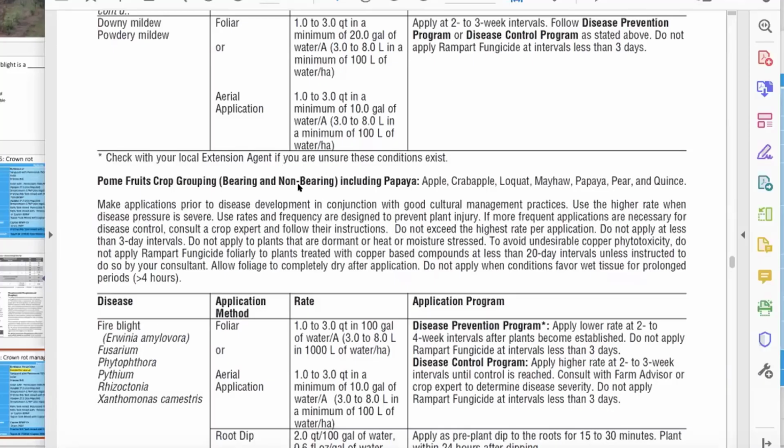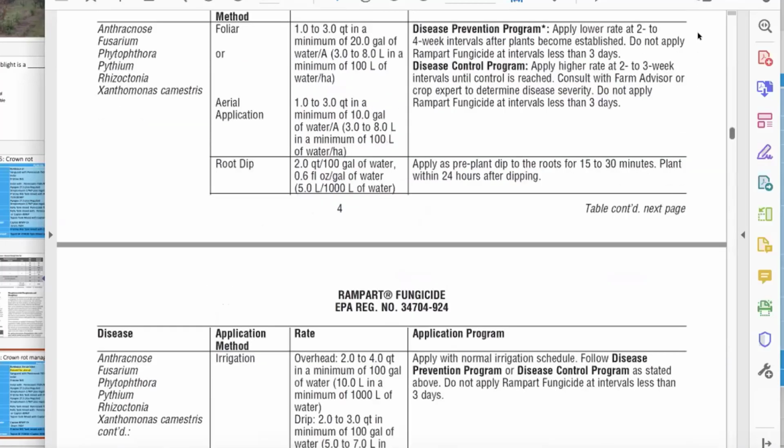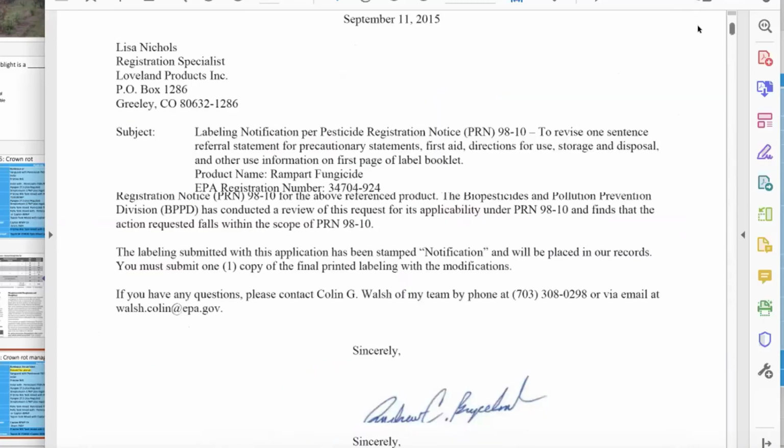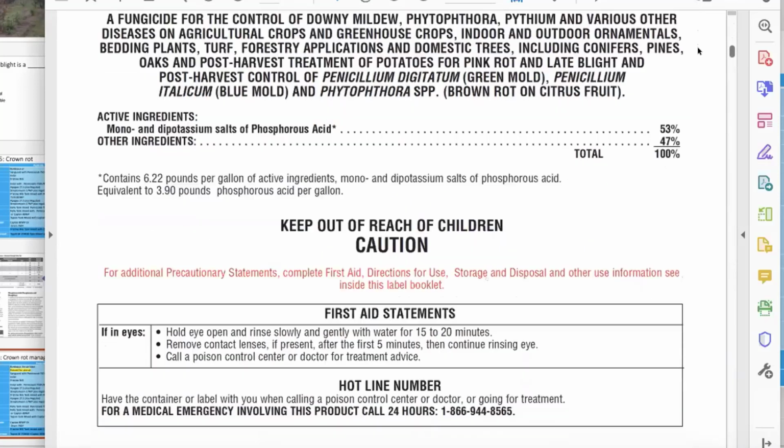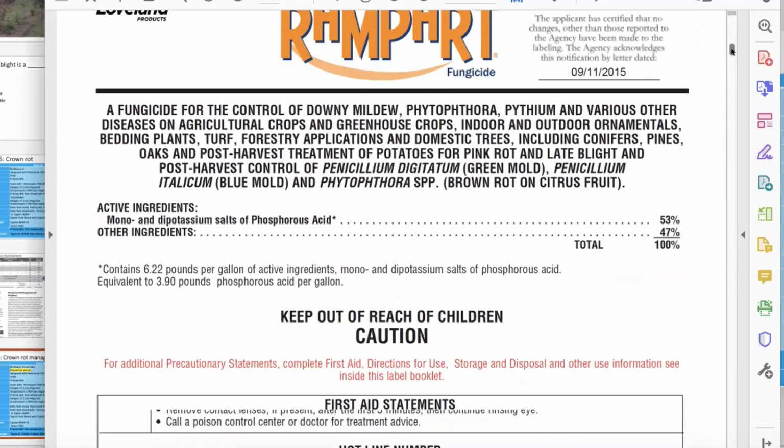Yes. Okay, so this is the label for Rampart. I'm going to scroll you through the whole thing here. This is Rampart. This is a recent label, 2015.